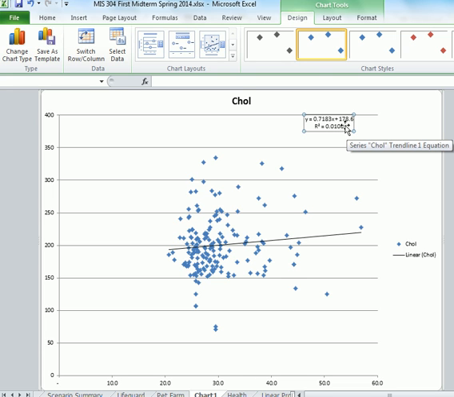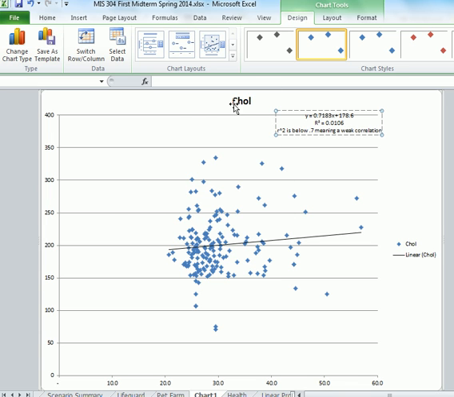Anything below 0.7 is no correlation or not significant correlation. So I need to add a comment: below 0.7, meaning a weak correlation. So there is no correlation between the cholesterol and the BMI.